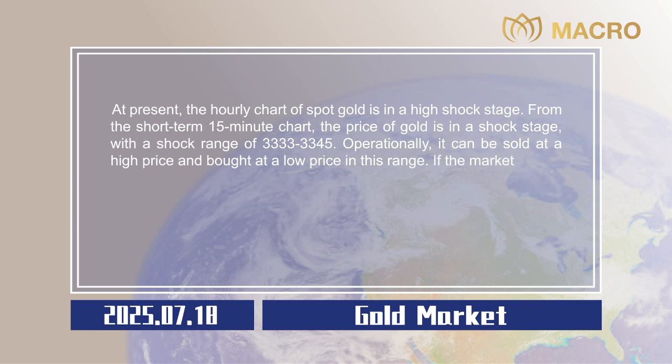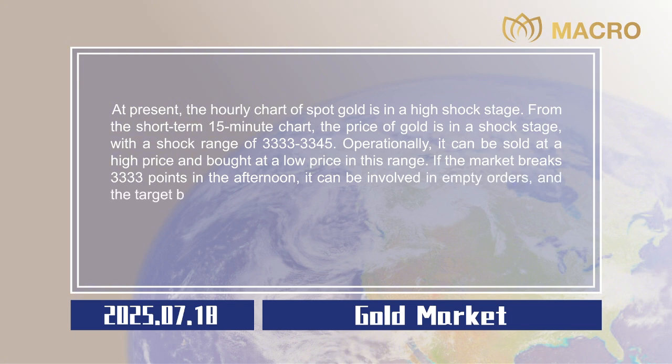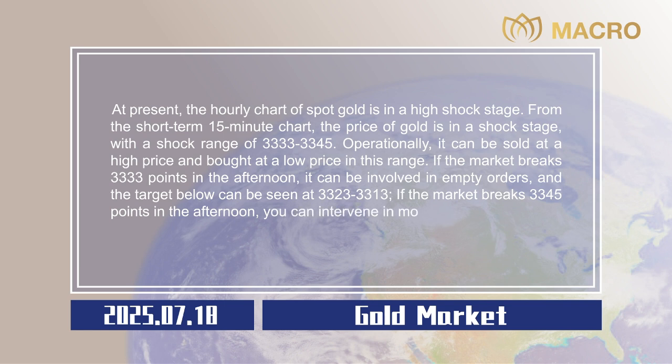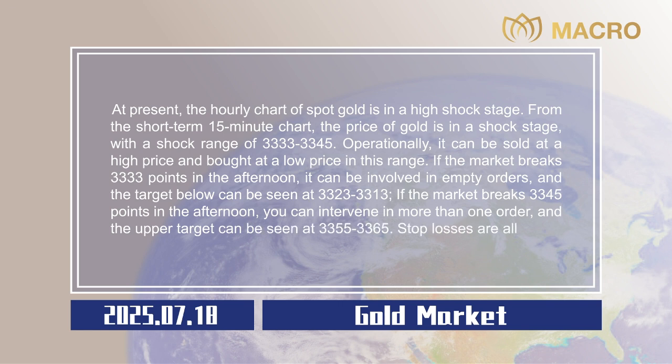If the market breaks 3,333 points in the afternoon, you can intervene in empty orders, and the target below can be seen at $33.23 to $33.13. If the market breaks 3,345 points in the afternoon, you can intervene in long orders, and the upper target can be seen at $33.55 to $33.65. Stop losses are all $5.